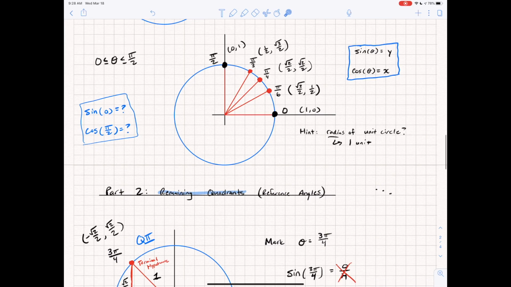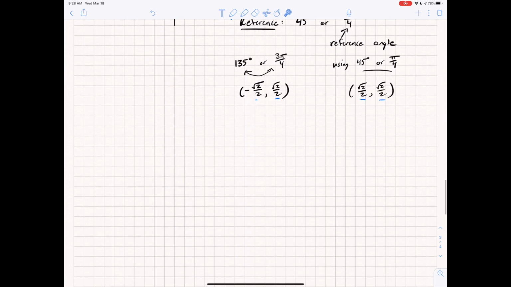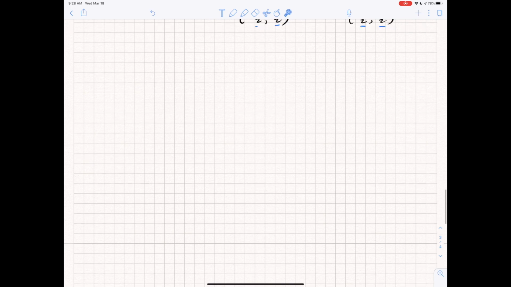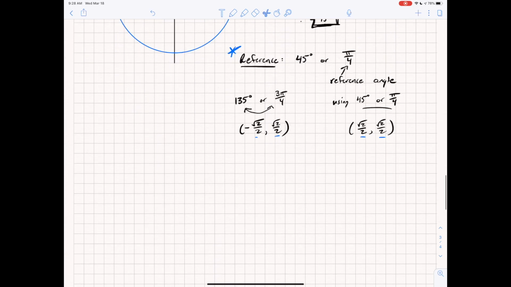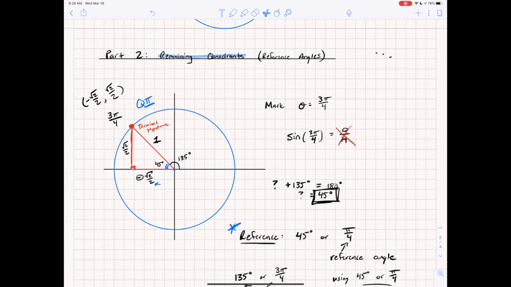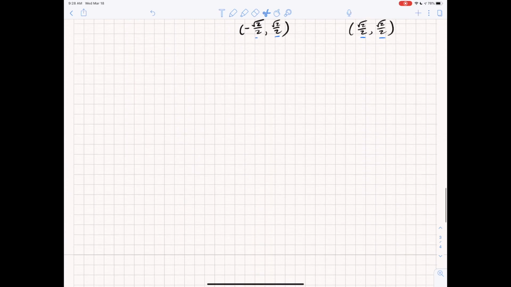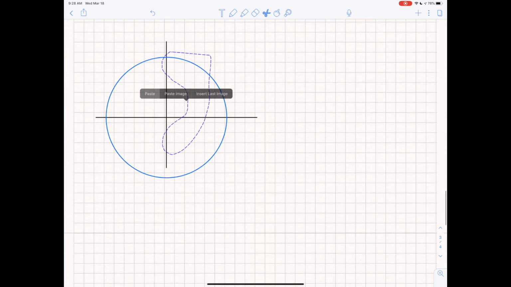All right, for example, to make my point, I'm going to copy this over. Hopefully I didn't give you car sickness there. Let's look at another angle that appears in the second quadrant, one that's not 3 pi over 4.